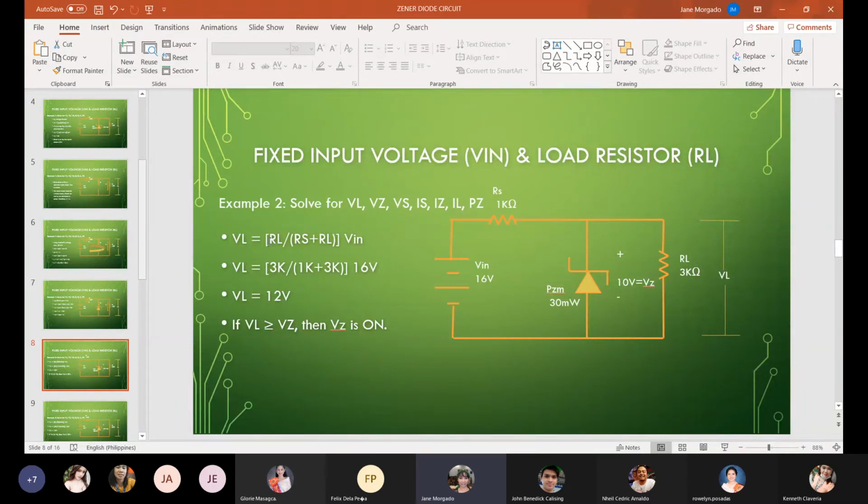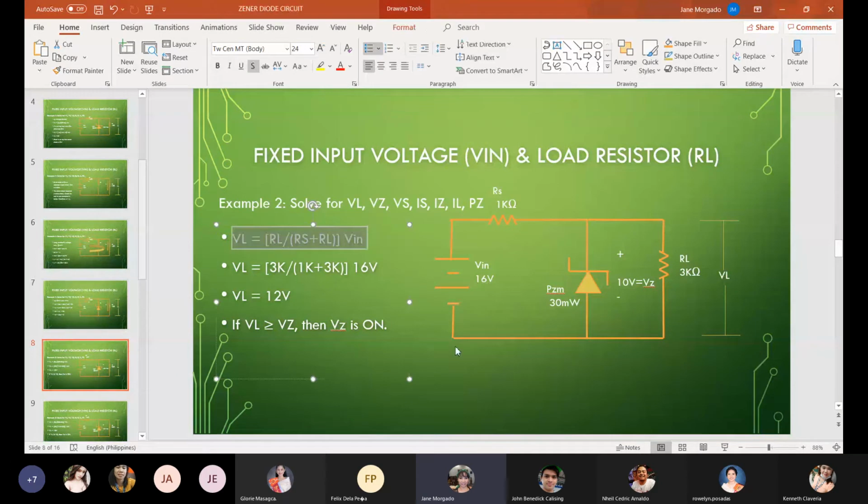We use the same voltage divider principle to determine if the Zener is on or off. You have to do this initially for a fixed input voltage and load resistor to determine the state of the Zener diode. Since RL is now 3K, we have 3 over 1 plus 3, so 3/4 times 16, giving VL of 12 volts.